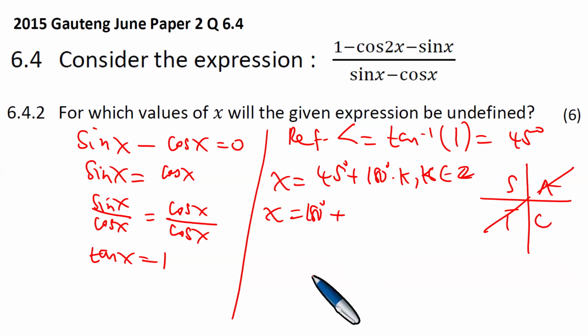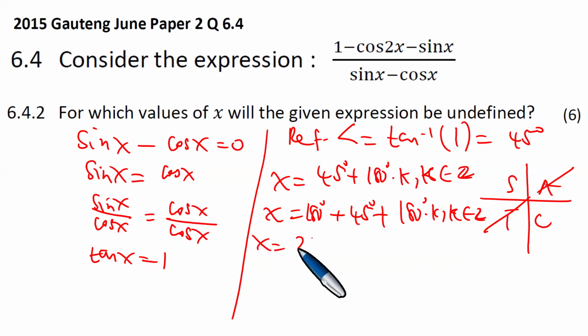It becomes the same for the tangent. Even if you take 180 plus 45, which takes you to the third quadrant, that is 225, you have 180 degrees times k, k in Z.